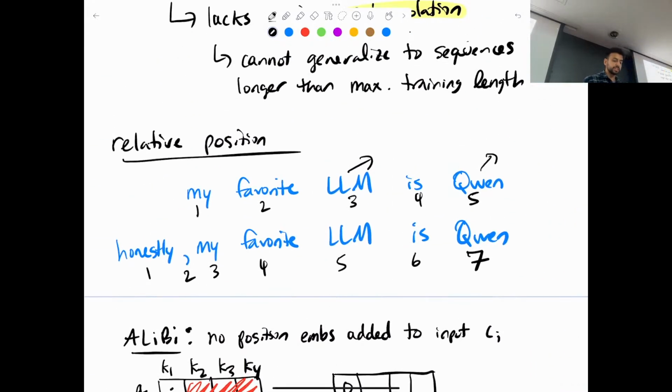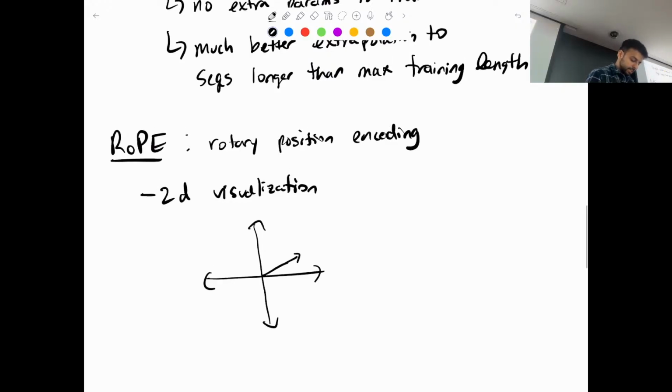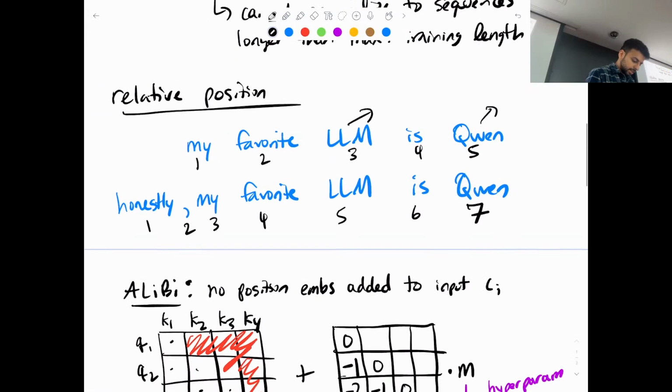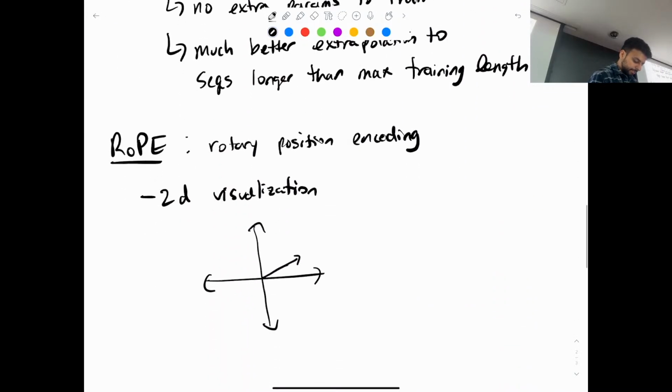Let's say I'm interested in the dot product between the query vector for Quen and the key vector for favorite. So this is Quen at position 5.